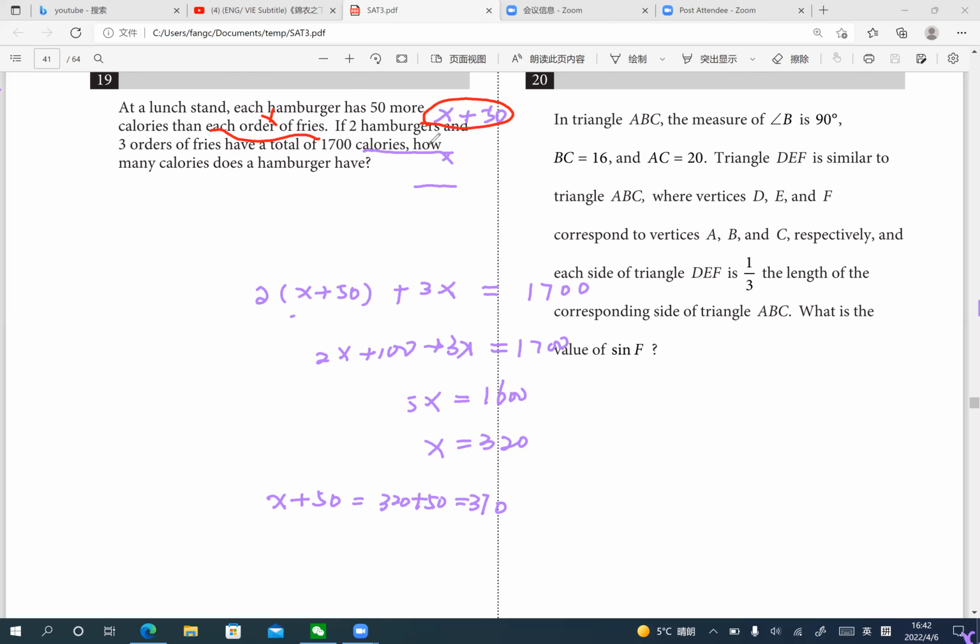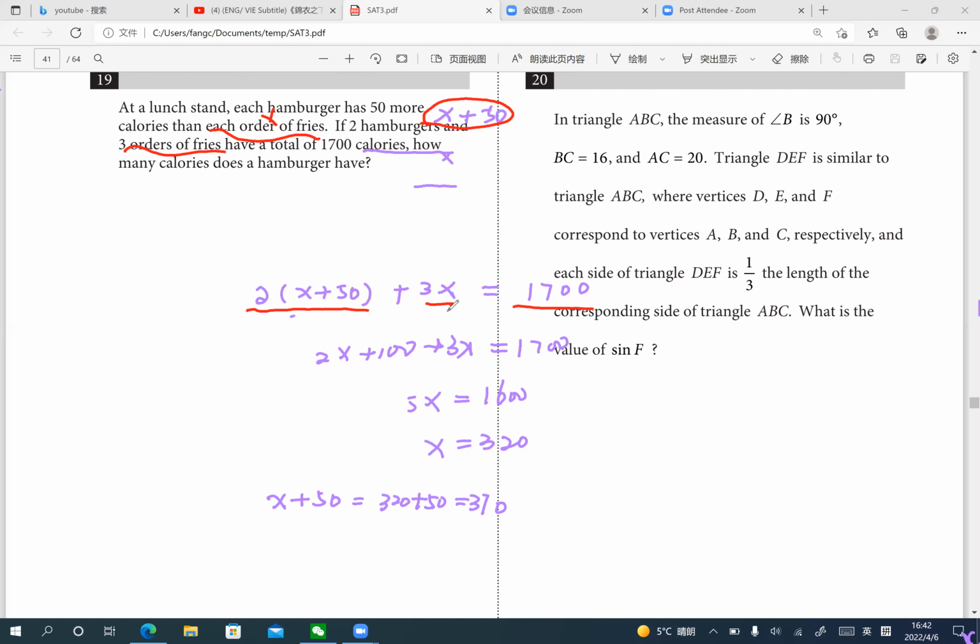And for the 2 hamburgers, the total calories should be equal to 2 times (x plus 50). And 3 orders of fries, the total calories should be equal to 3x. Add them together and it should be equal to 1700 calories in total.